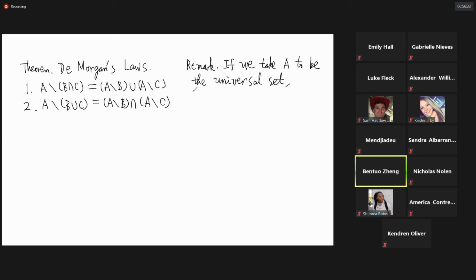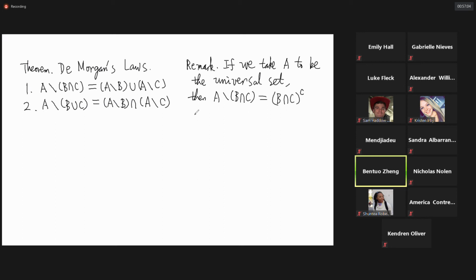Then A taken away B intersect C in our notation would be B intersect C complement. All right, so A is a universal set. A minus B intersect C is a set of all elements which are not in both B and C. So it's just B intersect C complement.